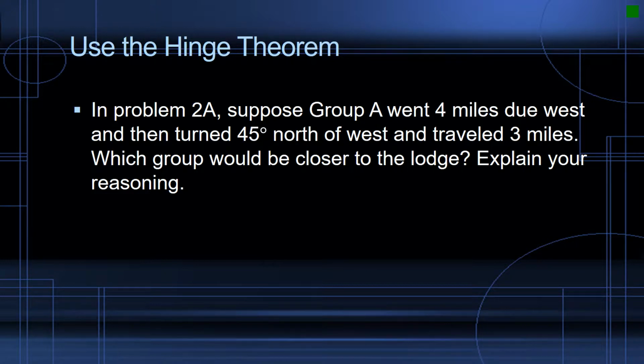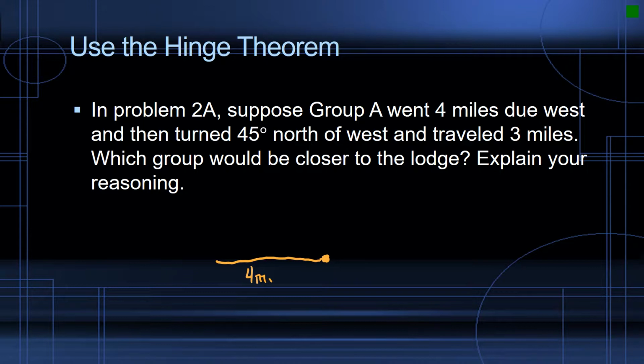All right, this time it says in problem 2A, suppose group A went 4 miles due west and then turned 45 degrees north of west and traveled 3 miles. Which group would be closer to the lodge? So this time, instead of going in different directions, they're actually going in the same direction. All right, so we know that group B went 4 miles in this direction.